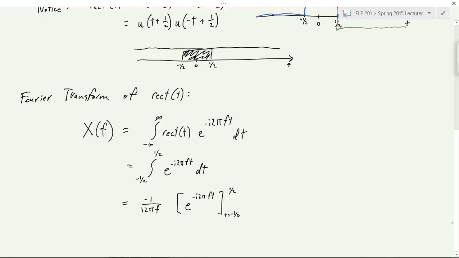If f equals 0, I have an invalid formula here. So let's just do 2 cases. And if f equals 0, then we can substitute it in and do that integral directly. If f equals 0, this is just 1 in the integral. So the integral should just be 1. Okay, so this is f not equal to 0, f equals 0. Okay, so let's simplify further.